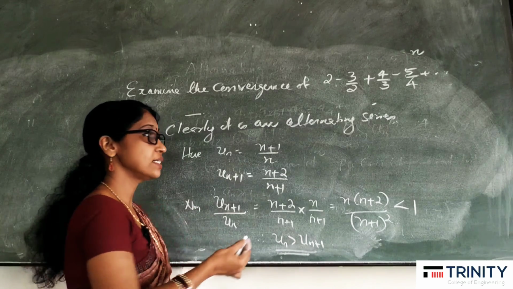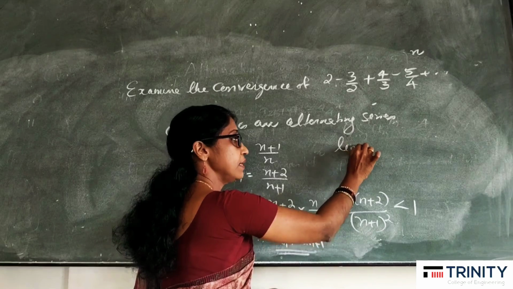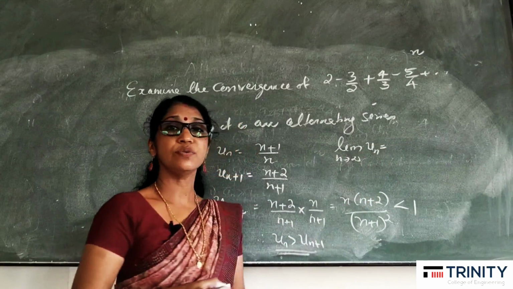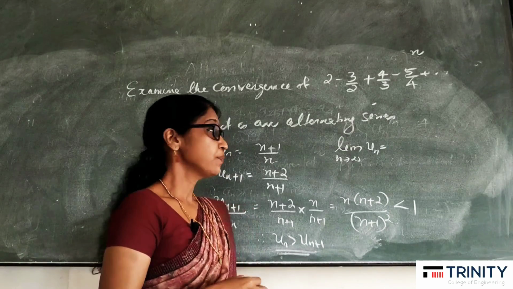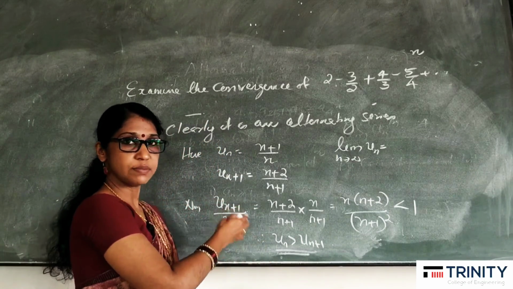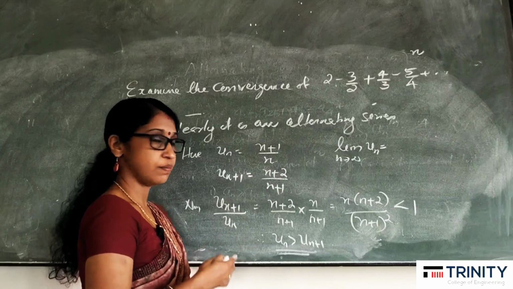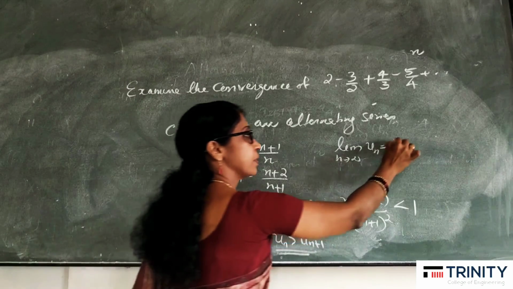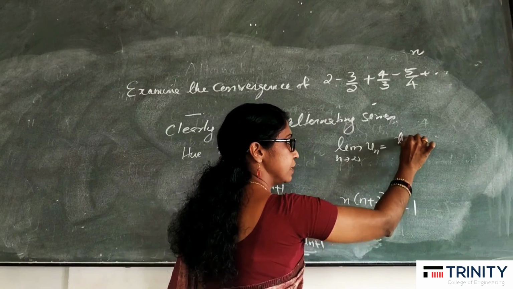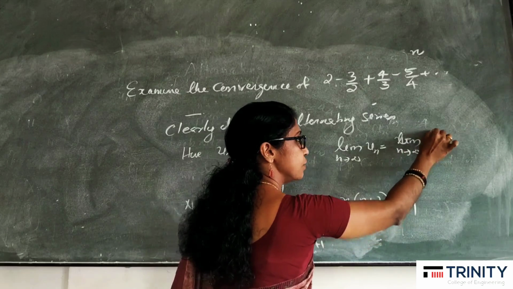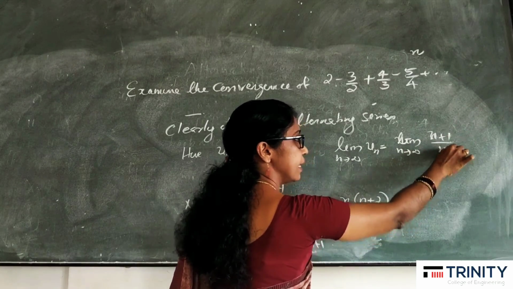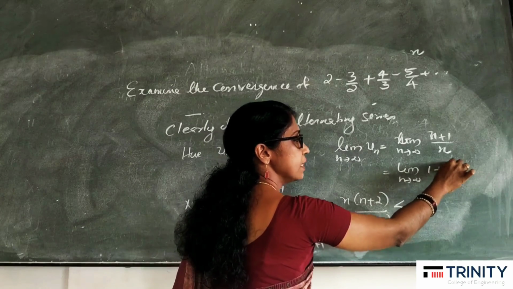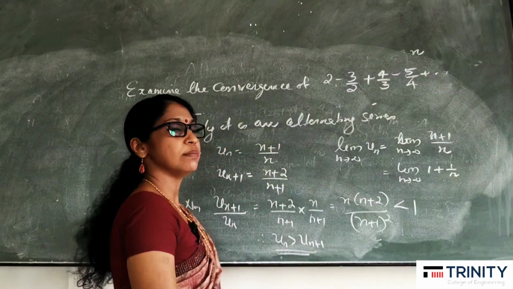Now what is the second condition? The second condition is limit n tends to infinity u_n. We have to show that limit n tends to infinity u_n is equal to 0. So what is u_n? u_n is (n+1)/n. Limit n tends to infinity (n+1)/n is equal to limit n tends to infinity (1 + 1/n), dividing both terms in the numerator by n.